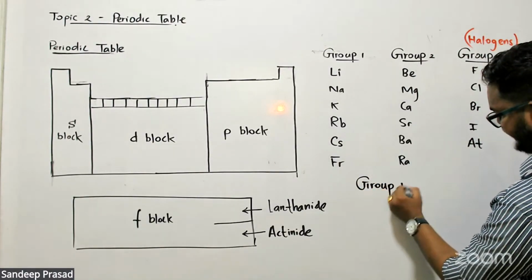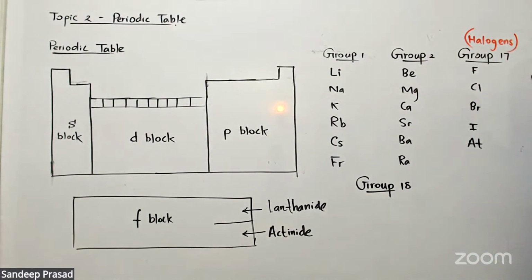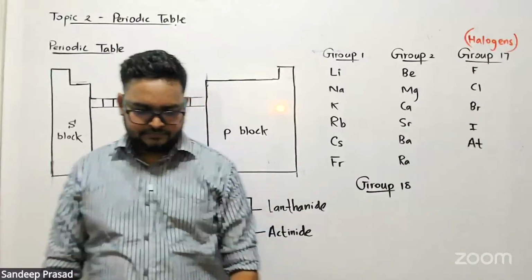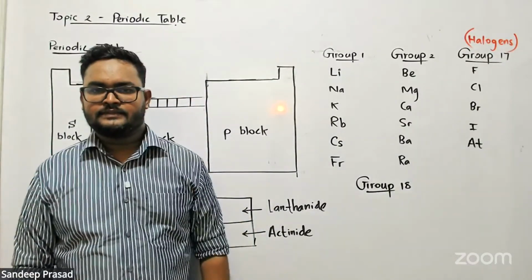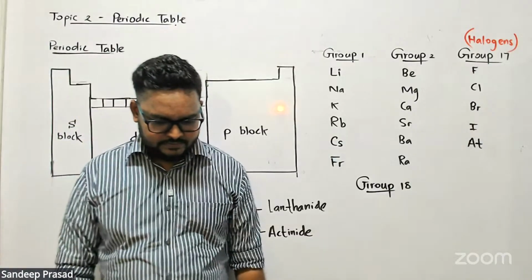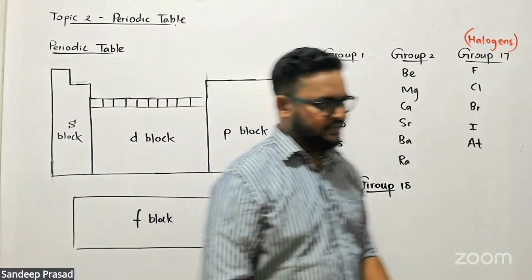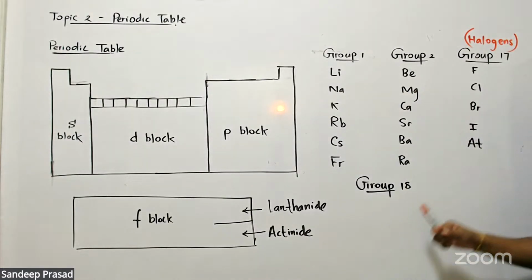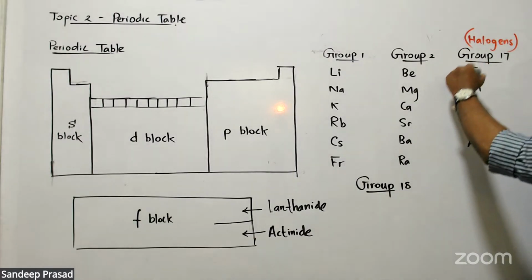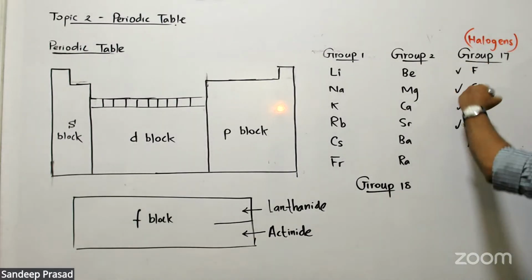For group number 18, we are giving a name. You know the name. Tell me, group number 18 elements are known as? Halogens is a common name that we are giving specially for group number 17. Halo means fluoro, chloro, bromo, iodo.